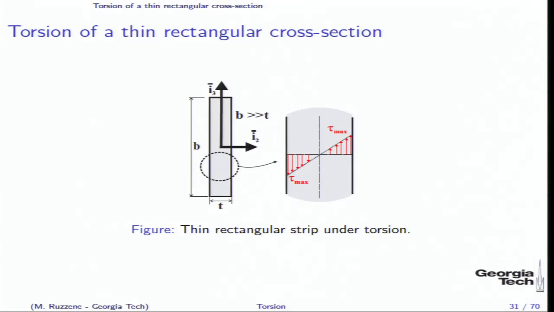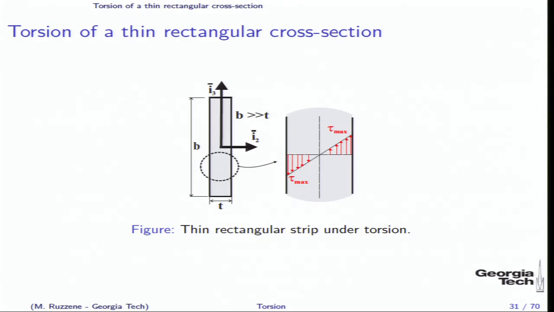So we are saying that essentially our shear stress is not varying along x3. So ∂²φ/∂x3² should be almost equal to 0, right? There is no variation.